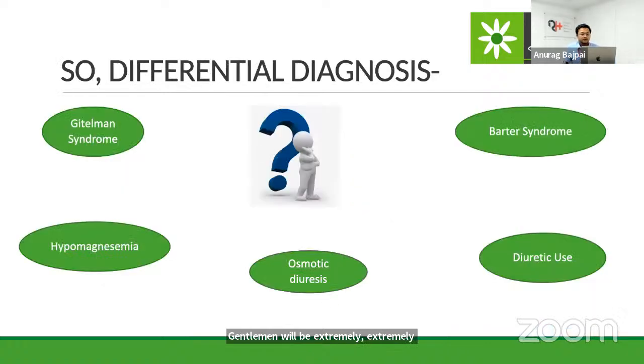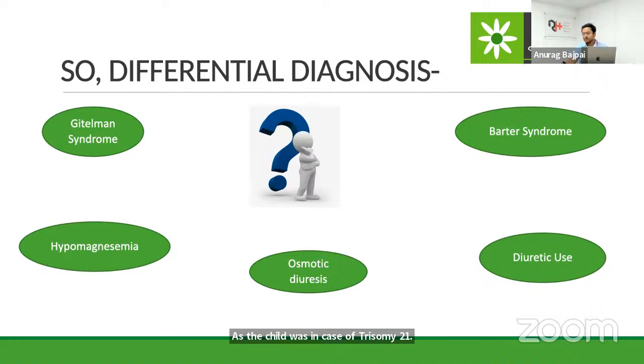Okay, so now the differential diagnosis, as we have hypokalemia, metabolic alkalosis with a normotensive picture: a few differentials like Gitelman syndrome, Bartter syndrome, malnutrition-induced hypomagnesemia causing refractory hypokalemia, or any diuretic use. As the child was a case of trisomy 21, there was no apparent use of diuretics in this child.